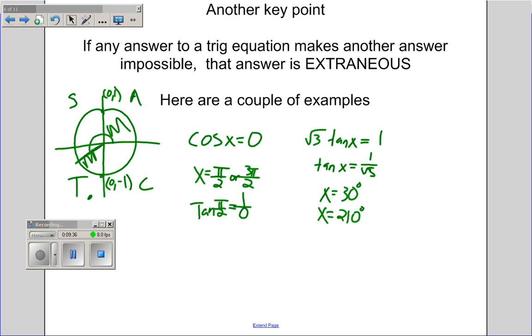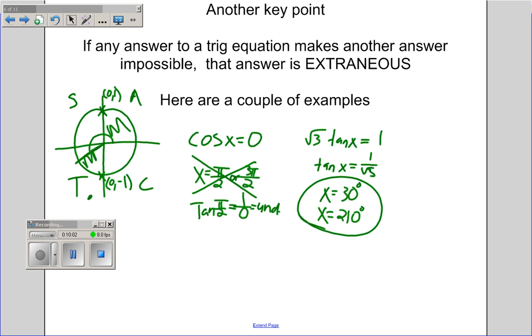Well, 1 over 0 is undefined. Because remember, tangent at 90 and at 270 is undefined. So these solutions would make tangent x untrue. So these answers are no good. These are my only two answers if I came out with a situation like that.